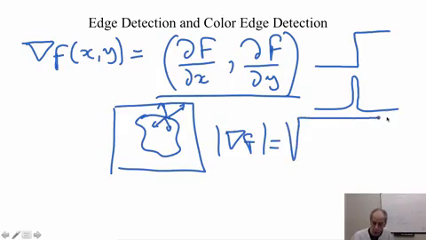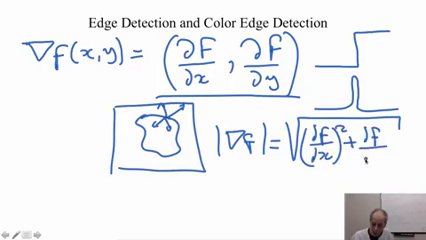It's just the square root of the square of the derivative in the x direction plus the square of the derivative in the y direction. That's how much you are jumping, how much you are changing the gray value when you advance in the gradient direction. In any other direction, you're going to be changing equal or less than that value.